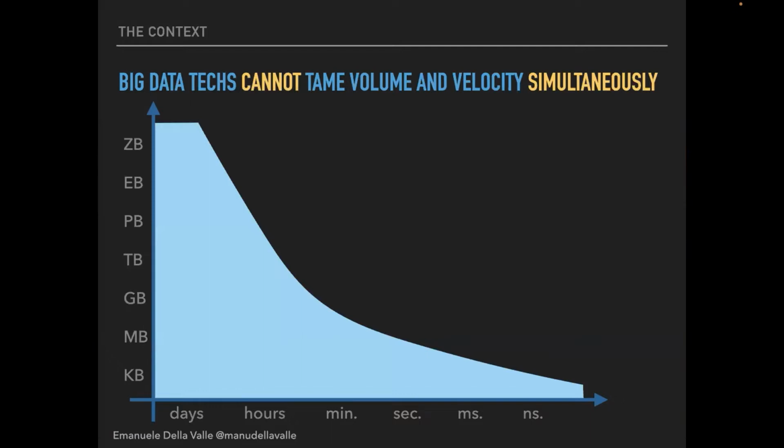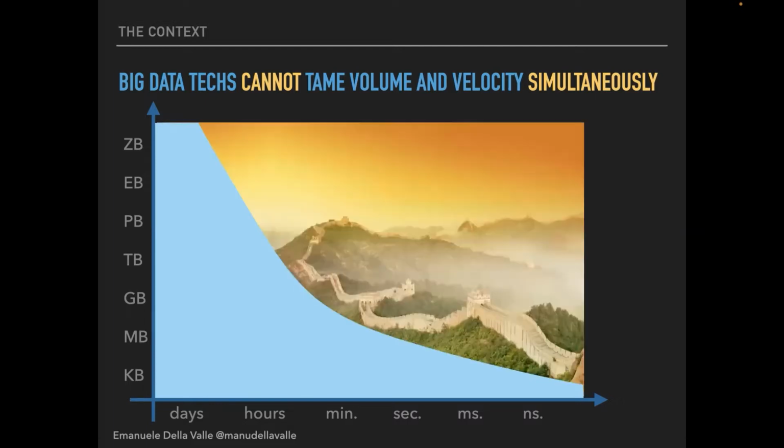Unfortunately, you cannot tame volume and velocity simultaneously, or at least there is no way to tame the full space of velocity and volume at the same time. Here, what we are trying to say is that nowadays it will be possible to process kilobytes of data in nanoseconds, and of course it will be possible to process exabytes of data in days, but exabytes of data in milliseconds, that's no way to go.